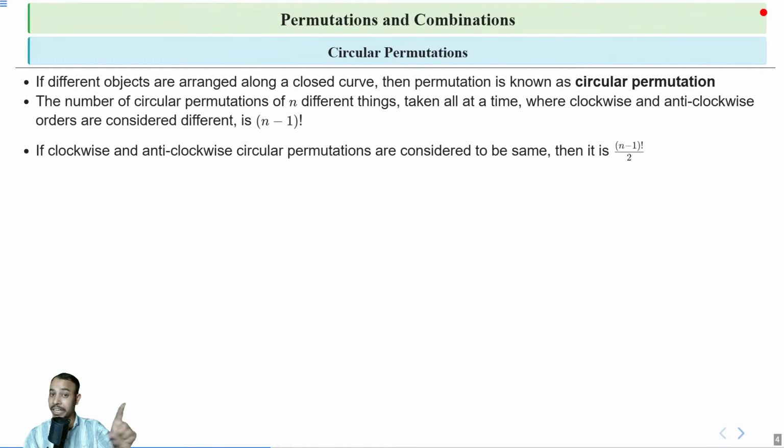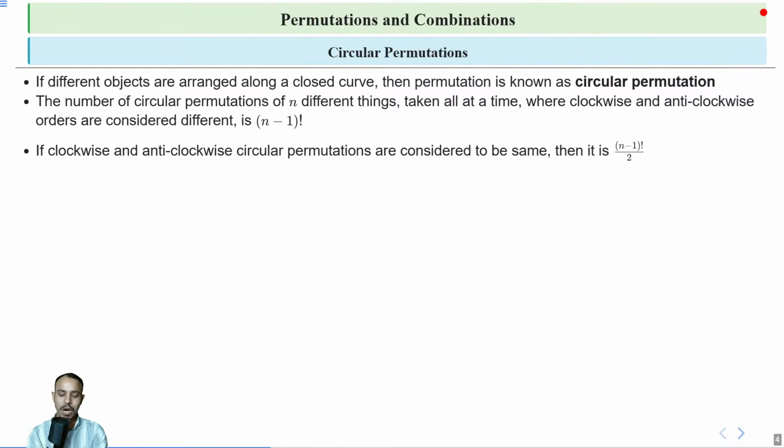Because here each arrangement has a mirror image, and you all know mirror images are identical. That's why we divide by 2. Clear? So if clockwise and anti-clockwise circular permutations are considered the same, then the number is (n-1)!/2. I hope this is clear.